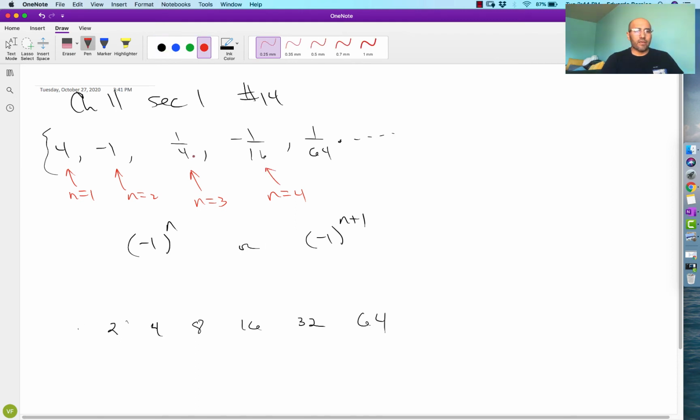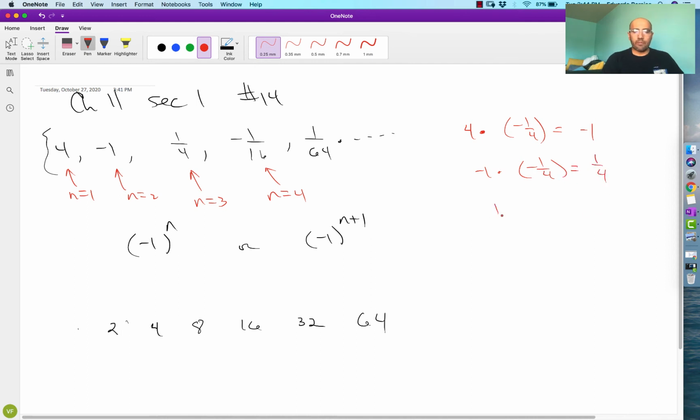Note that if we multiply the 4, the first term, times -1/4, that equals -1. And if we multiply -1 times -1/4, that makes it +1/4.